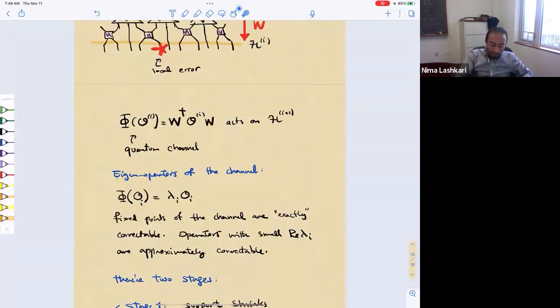This is a quantum channel, and it will have a spectrum. So there will be eigen operators, and then there will be lambda i's. Now, because it's a quantum channel, with my notation, the real part of these lambda i's is going to be all negative.